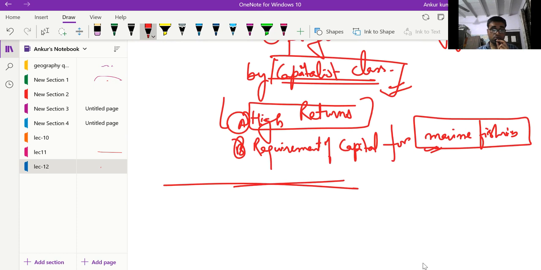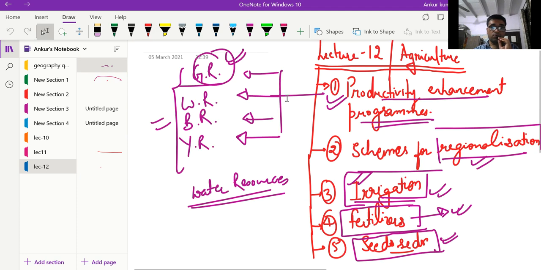It has been 1 hour 13 minutes, and we started with the White Revolution. We thought that we would cover these topics, but regionalization is again a big topic. Irrigation will not take much time.